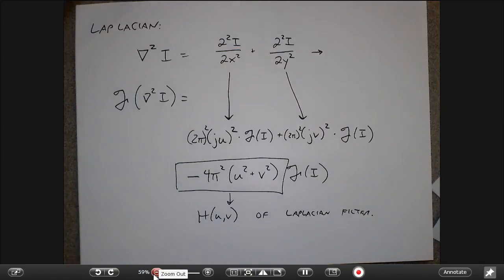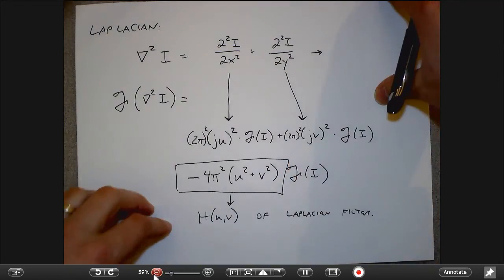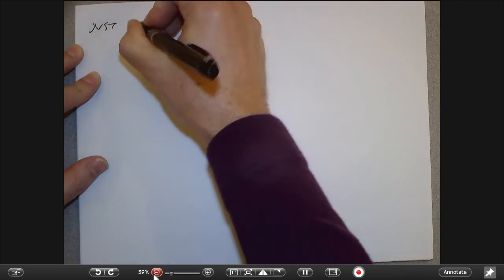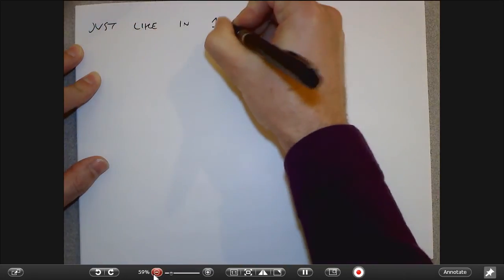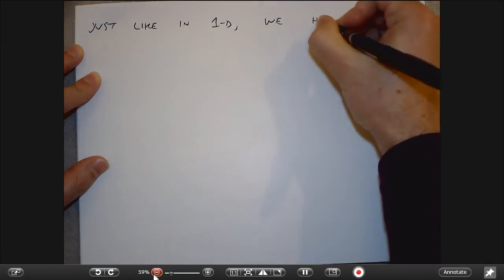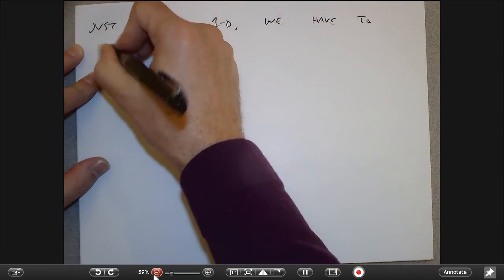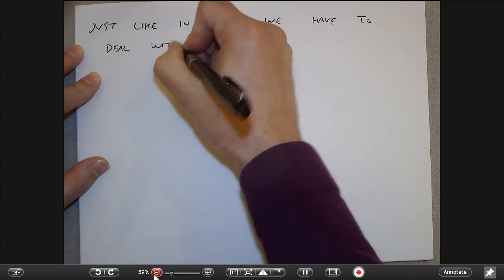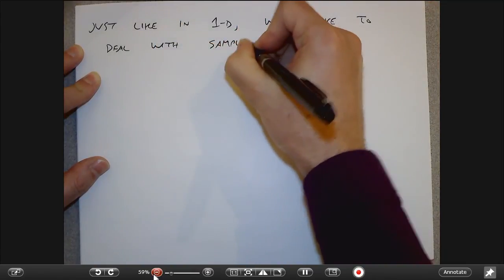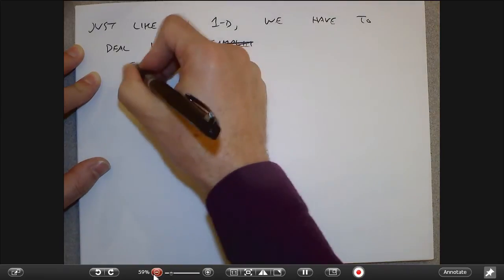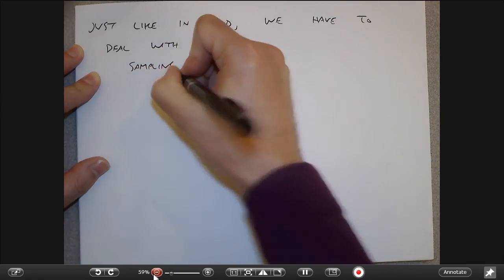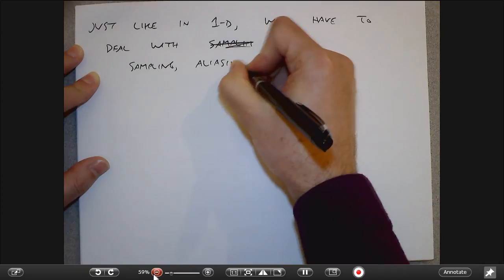Okay, so now I want to just kind of switch gears for 1 second and mention a few words about sampling and aliasing in the frequency domain, right? So basically, just like in 1D, we have to deal with terms like sampling, aliasing.